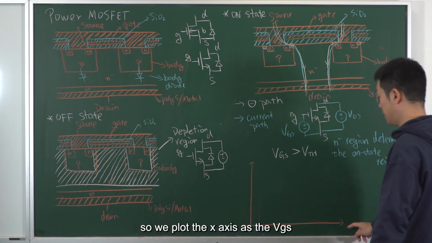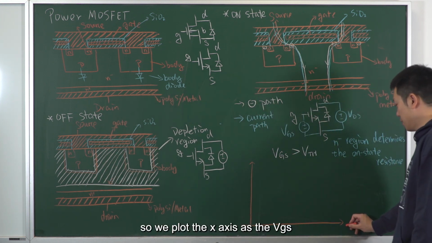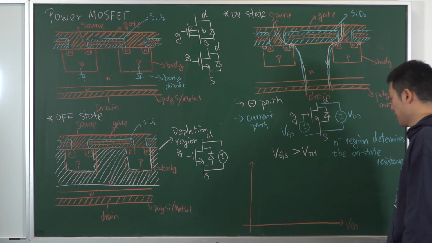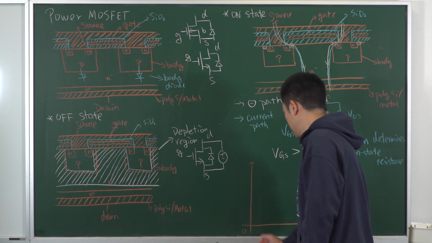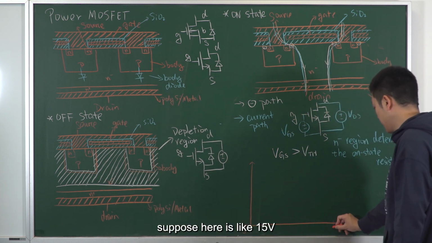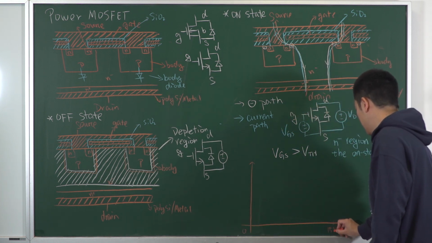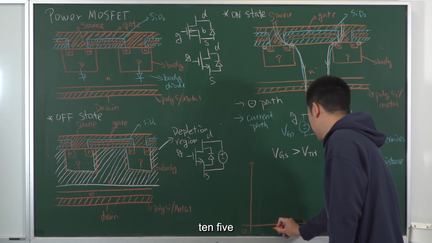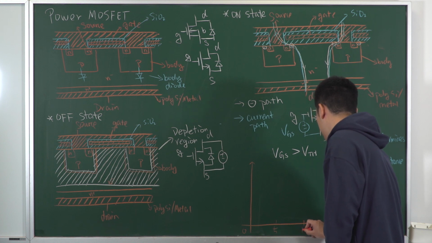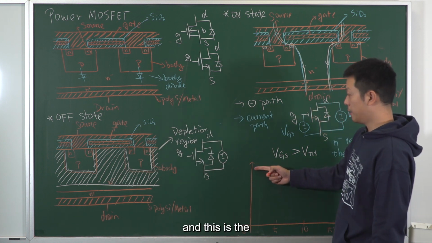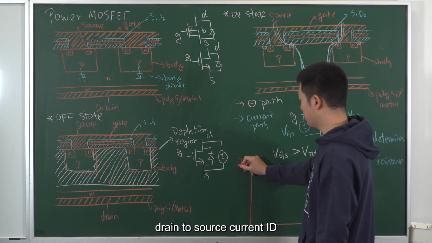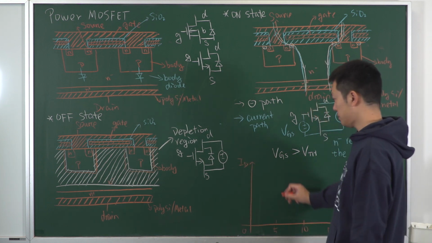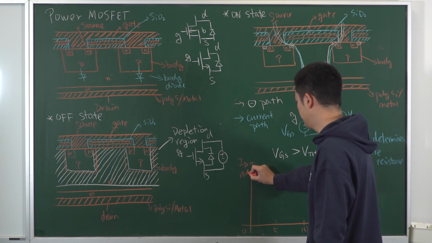So we plot the x-axis as the VGS. Suppose here is like 15 volt, 10, 5. And this is the drain to source current, ID, like 10 amp.